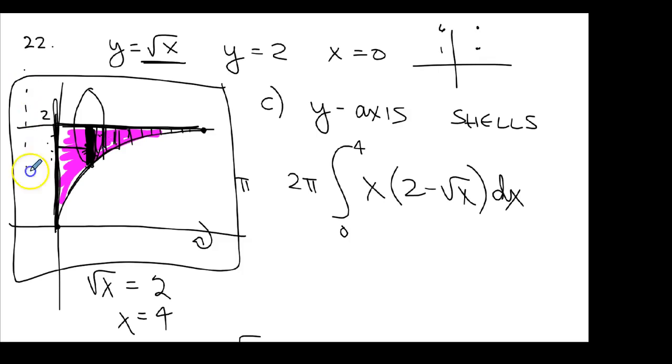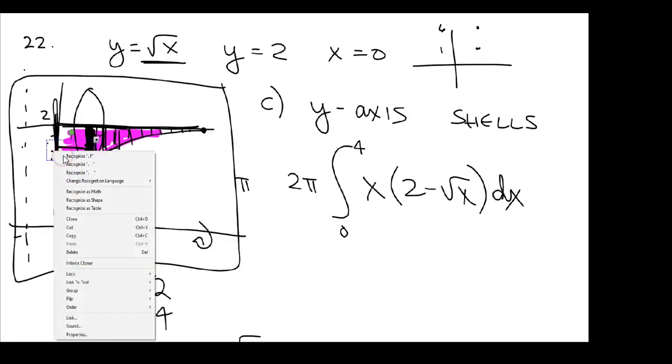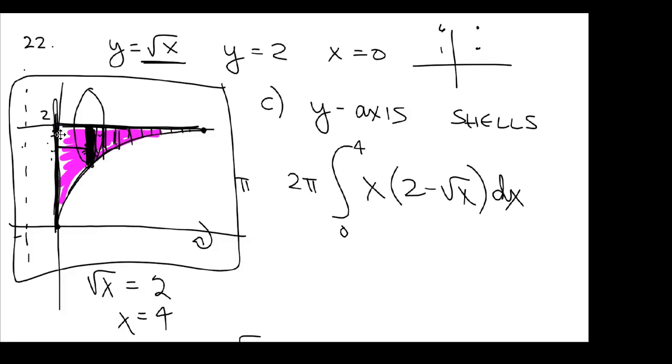If I was revolving about this line over here, which we may do in part D, we revolve it around the line x equals -1. Now it is x minus -1. Right minus left. Here it is x minus 0 because that's what I'm revolving around. But it's always right minus left.